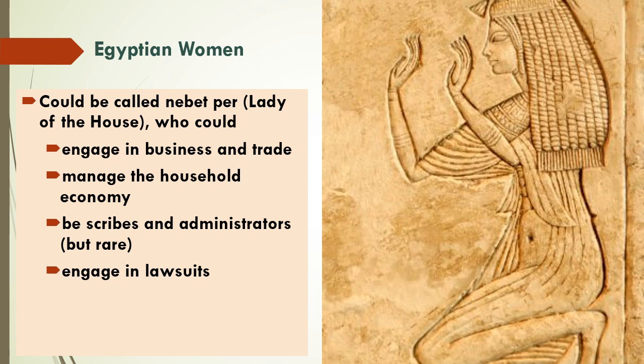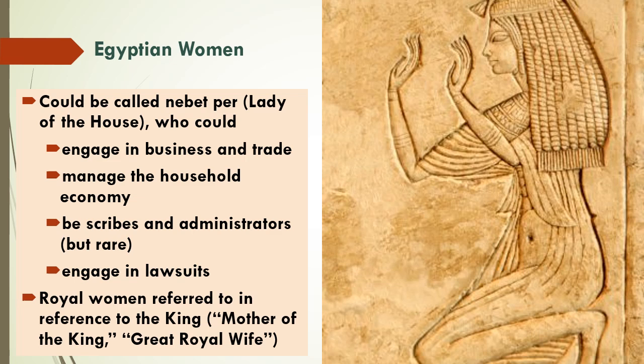And Egyptian women could engage in business, buying and selling things, trading things. They could manage the household economy. They could be scribes and administrators, implying literacy there. It's rare, but it is possible. We see them in court, engaging in lawsuits, testifying, being active in legal affairs.